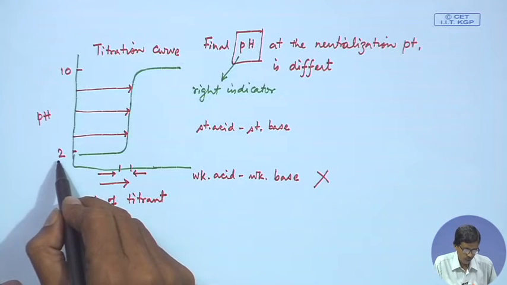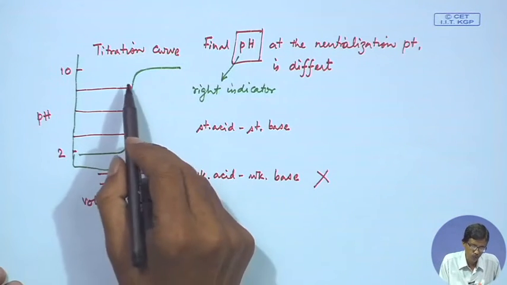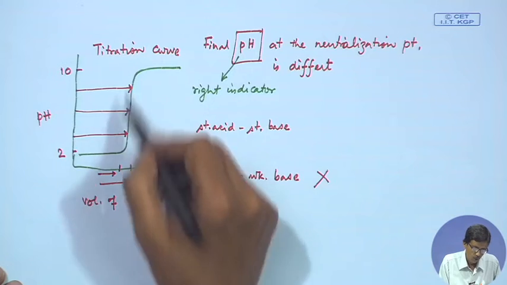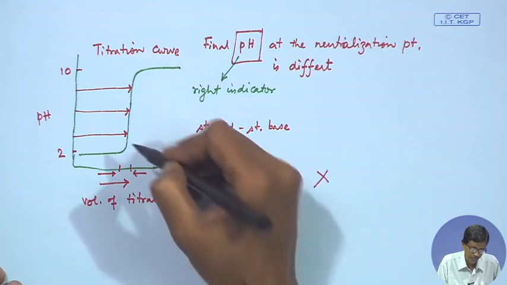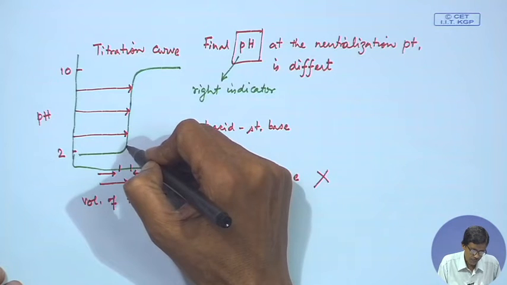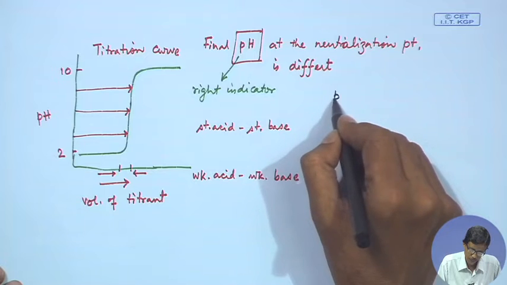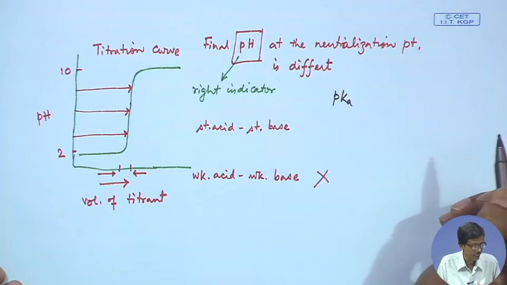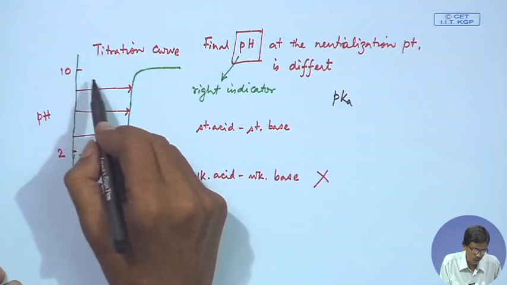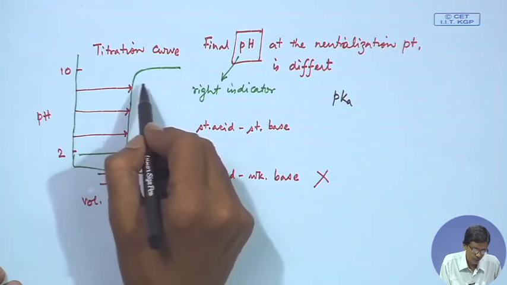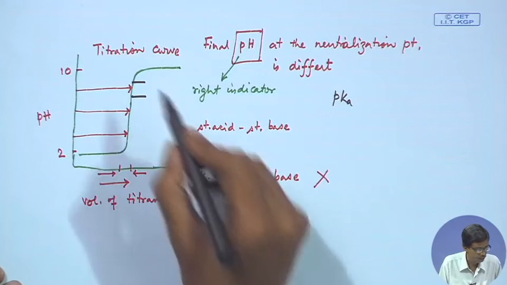Since we are talking in terms of a low pH range, that means the acid is in the conical flask and in the burette you have the base. So, when we are adding, due to the small addition of that particular base, a steep rise in the pH value will take place and it crosses the corresponding pK value of that particular indicator. We know that this value will be close to the 6 to 8 range.